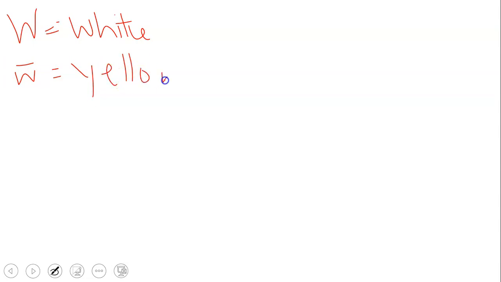Okay, so question number 2 says, if pollen from a heterozygous white-fruited squash plant, okay, so we're dealing with the same gene, the color gene in squash, and so it's still going to be big W equals white, and little w equals yellow. Okay. So we've got pollen from a heterozygous white-fruited squash plant. Okay, so big W, little w, heterozygous, white.